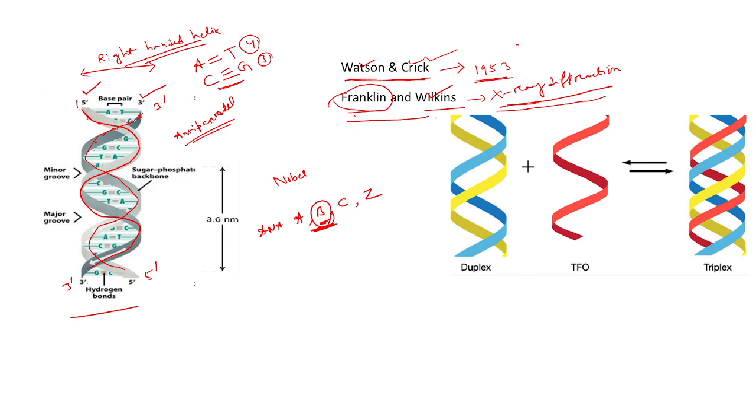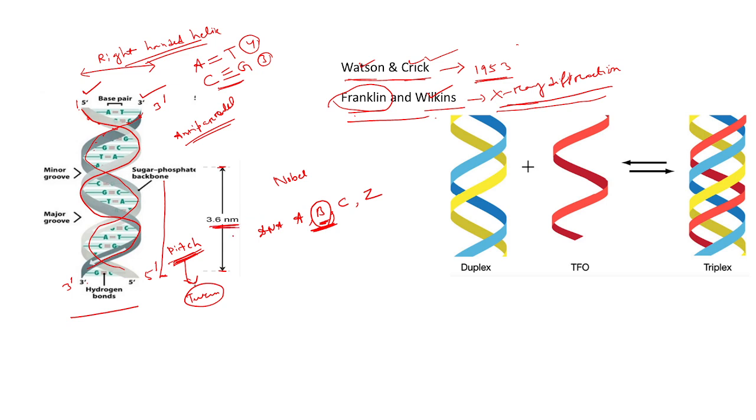So now one thing is called the pitch or the turn. What is the pitch and turn? From this to this is called a pitch, P-I-T-C-H, pitch, or it is also called a turn. The distance of the pitch is 3.6 nanometer.